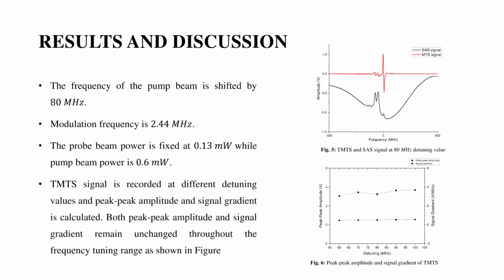MTS has an advantage over other saturation absorption techniques in that it generates a clear line shape for cycling transitions even for closely spaced energy levels. Figure 6 shows the peak-to-peak amplitude and signal gradient at different detuning values, and you can see that the MTS signal does not compromise on both of these.